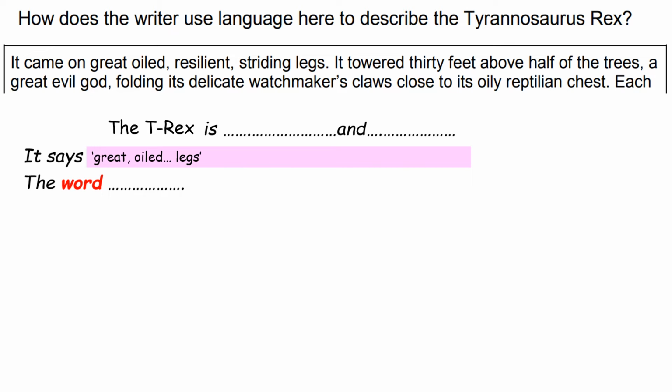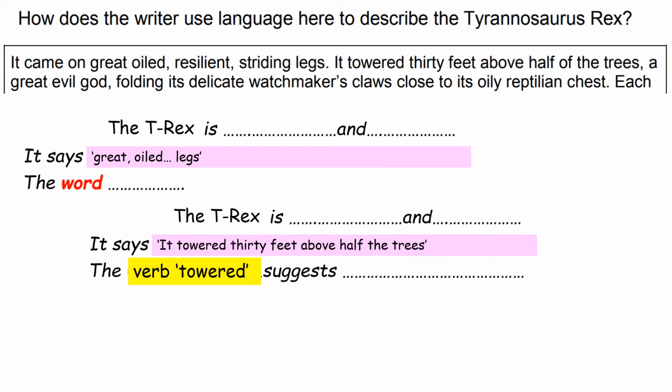And I'm going to say the adjective oiled suggests that the T-Rex is almost like a machine. Or I might zoom in on the word great and say the adjective great suggests that the T-Rex is the greatest, most powerful creature in the jungle.